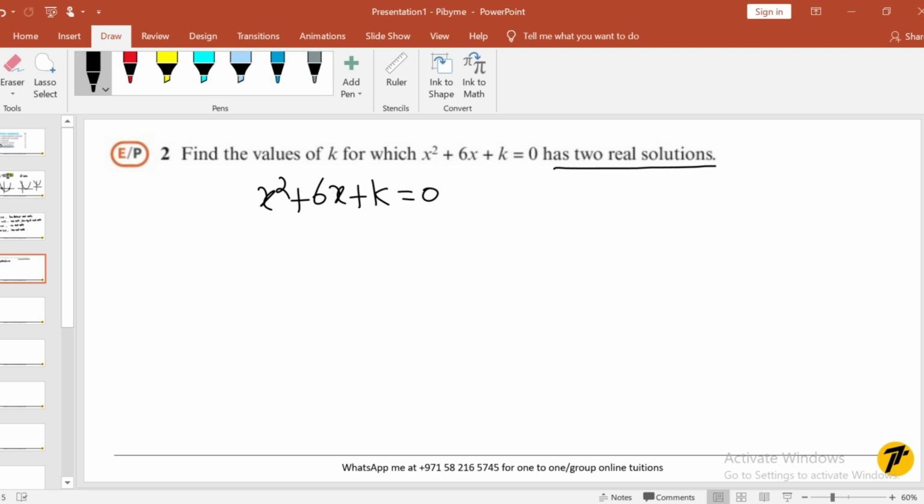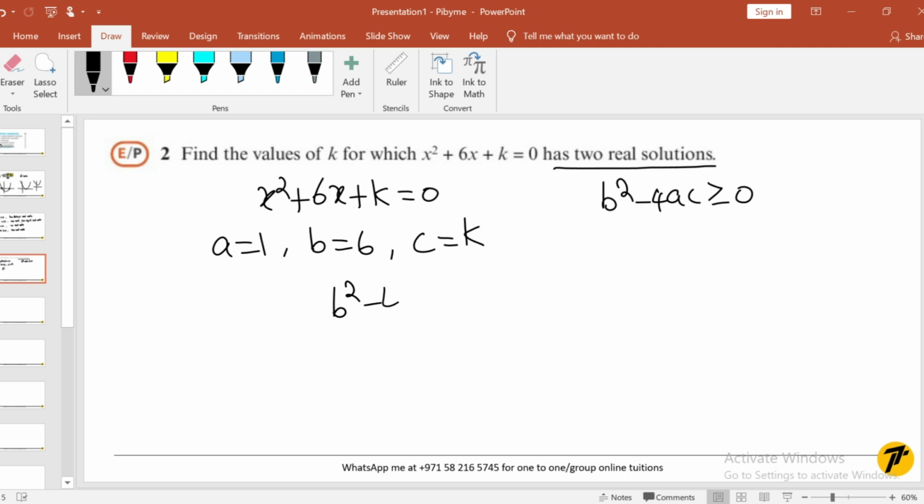They did not specifically say whether two distinct real roots or two equal real roots, so we need to take the condition b squared minus 4ac is greater than or equal to 0. So a is the coefficient of x squared, b is the coefficient of x, c is the term independent of x, which is k here. And write the condition b squared minus 4ac. Sub in the values and make k the subject.